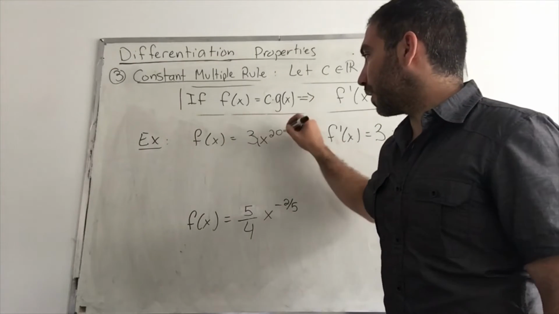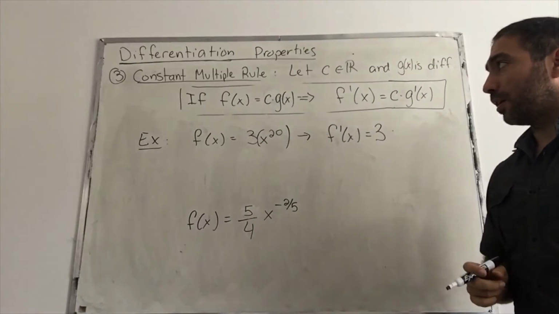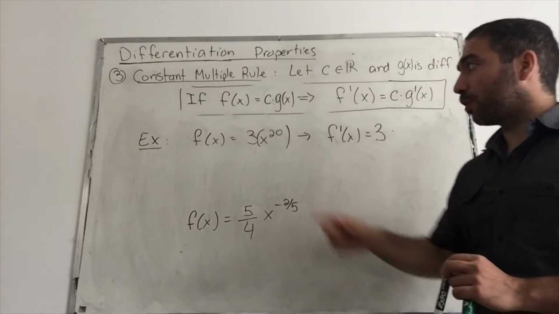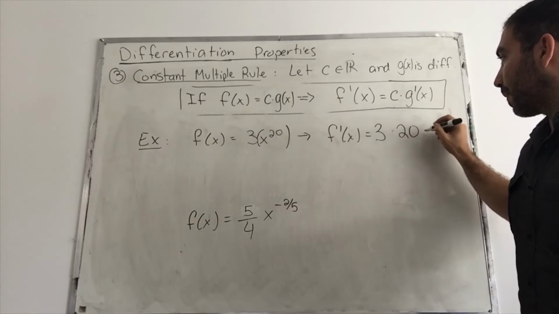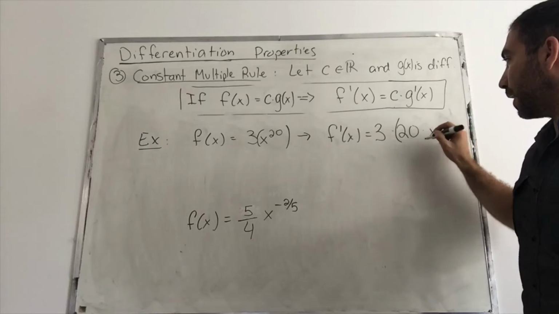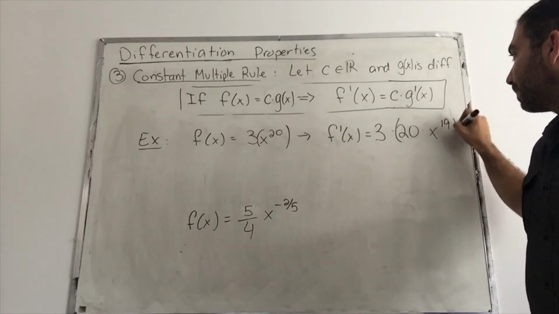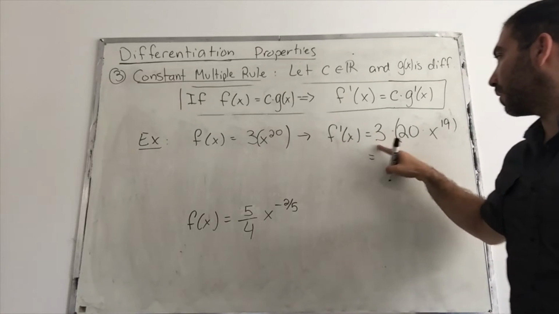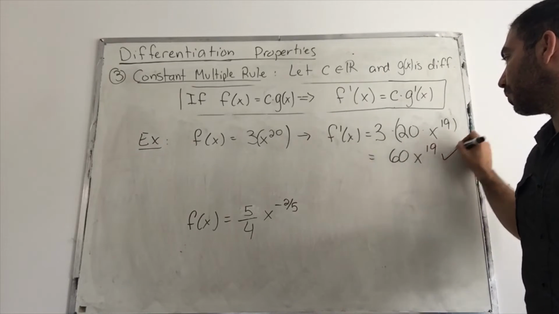What's the derivative of x to the 20? Well, we saw this from our power rule, our second property, where we drop the exponent, so 3 times 20 times x, and then we subtract the exponent by 1, giving us 20 minus 1, which is 19. Then we can finish by doing 3 times 20, which is 60, x to the 19. And this is our derivative.